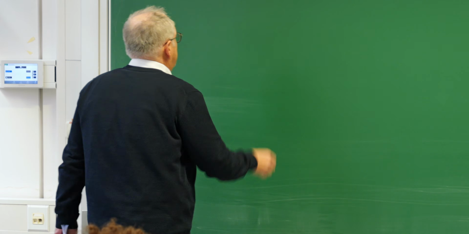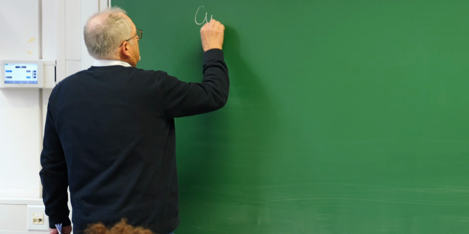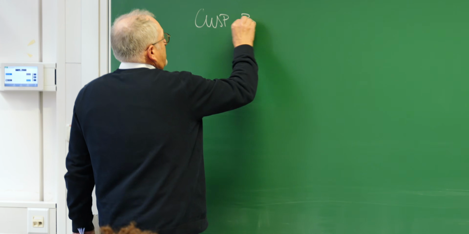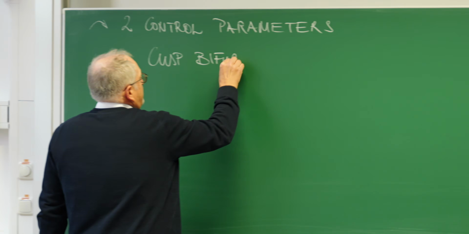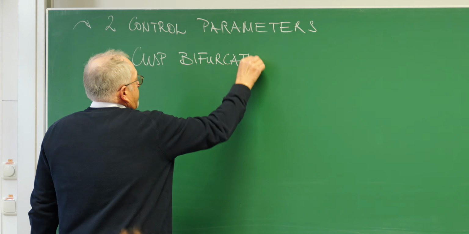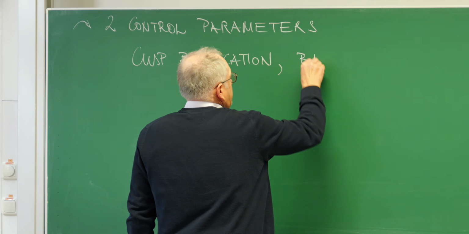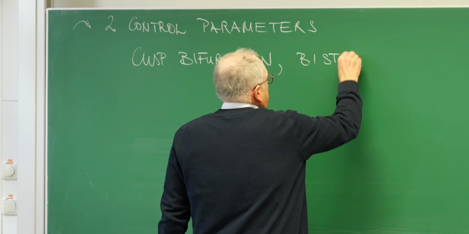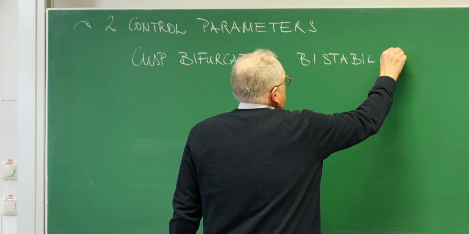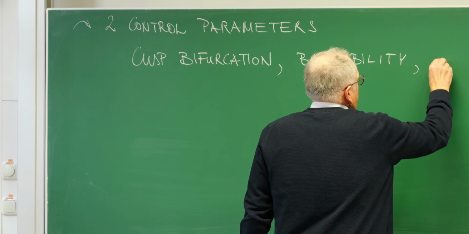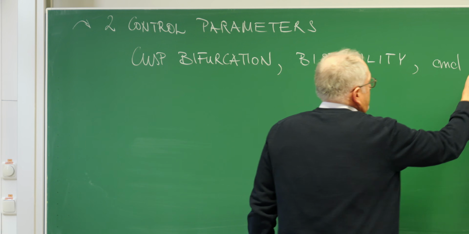And that will lead us to what's called cusp bifurcation, bistability, and what's also sometimes called catastrophes.